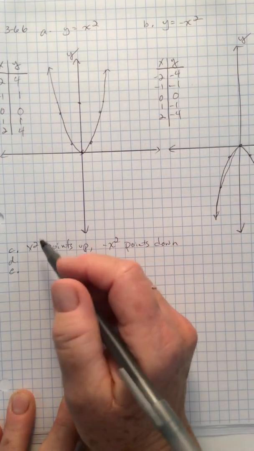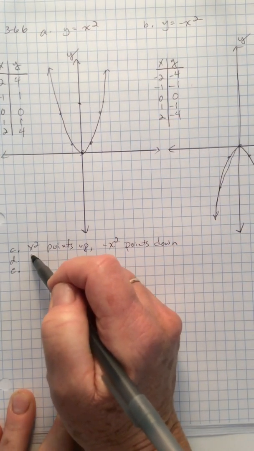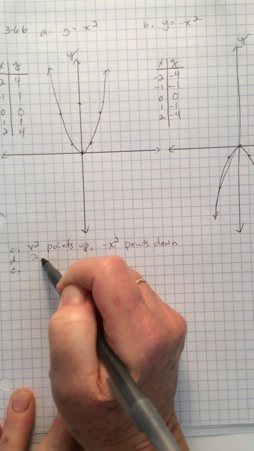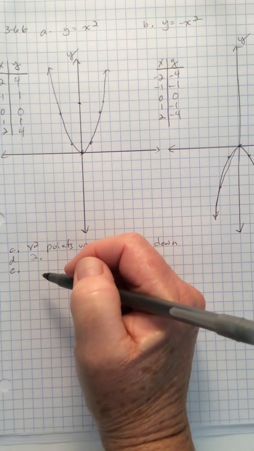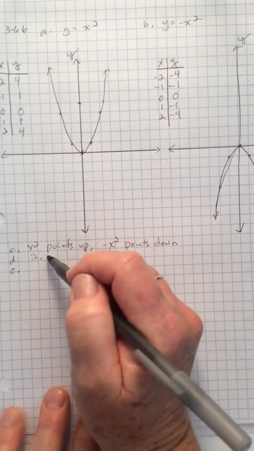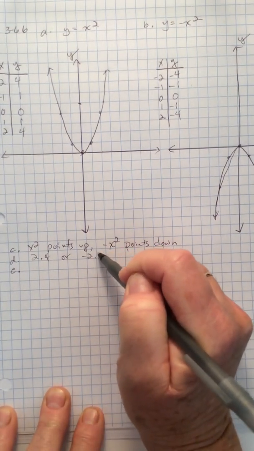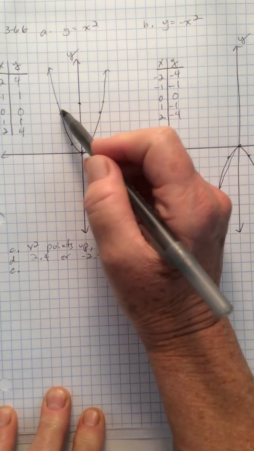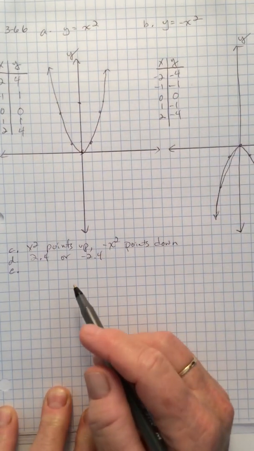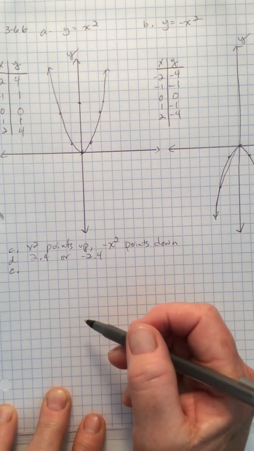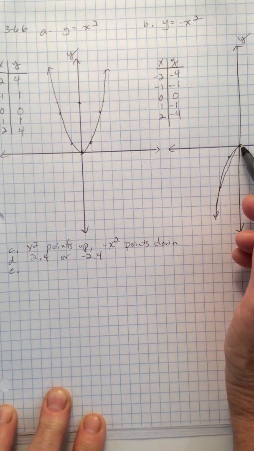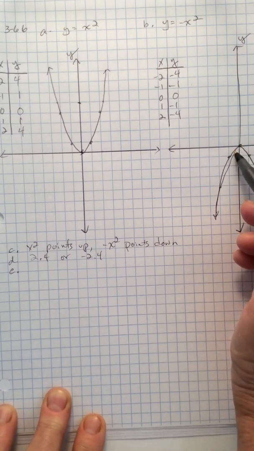Let's say, 2.4 or -2.4, somewhere along there.